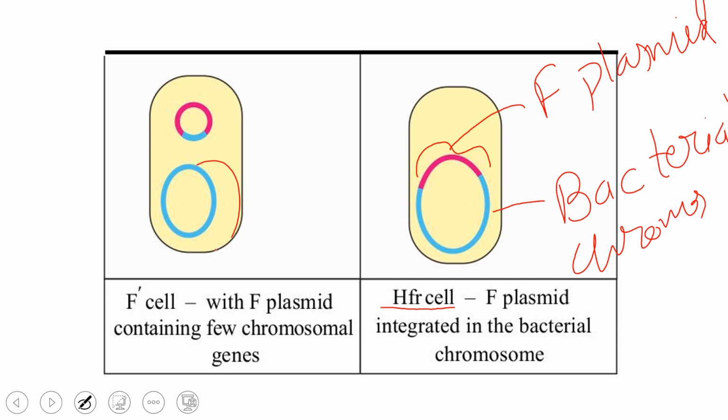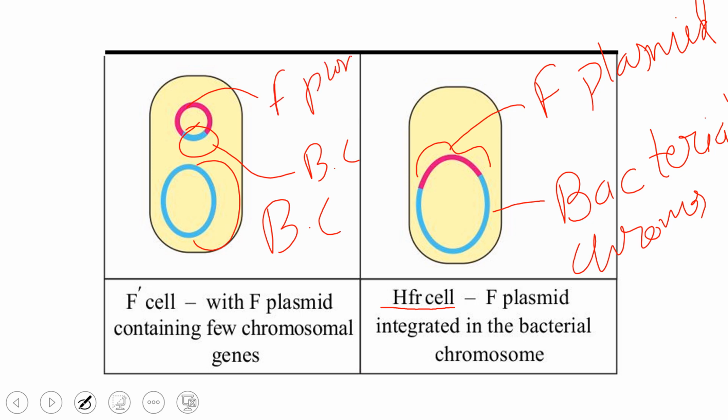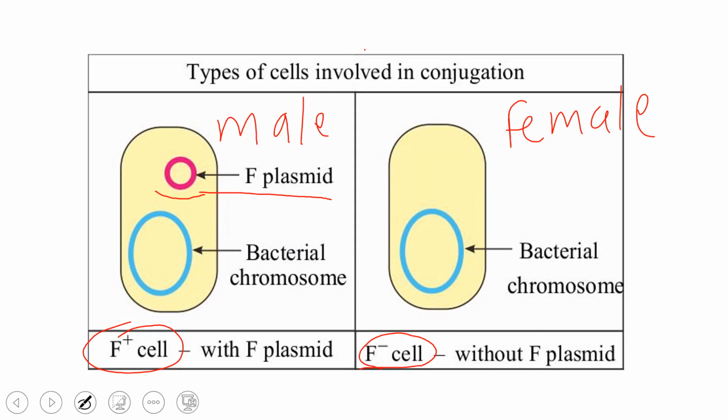For example, this blue color is the bacterial chromosome, and this red part is the F plasmid. You can see the separation of the F plasmid along with bacterial chromosome, and this stage is called the F prime cells.